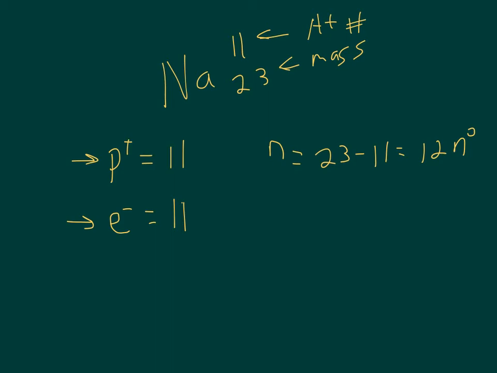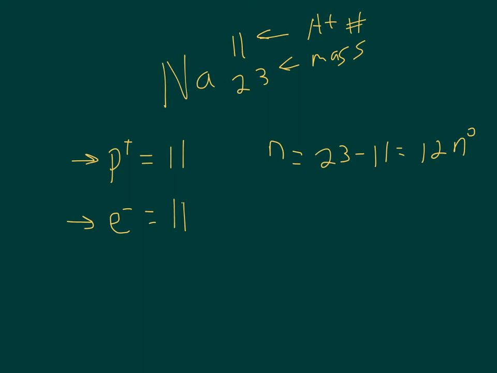Well, let's take a look at what happens with sodium. Now, if you look at where sodium is on the periodic table, you're going to see that the most common charge that sodium takes on is a +1 charge. And so let's think about what has to happen to give it a net +1 charge. Instead of ending up neutral, we want to end up with sodium with a net +1 charge.